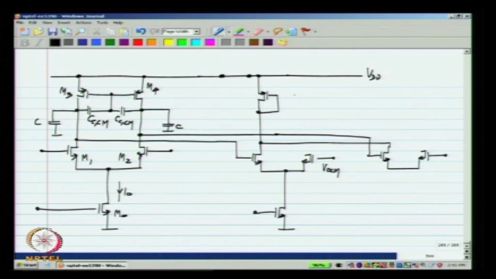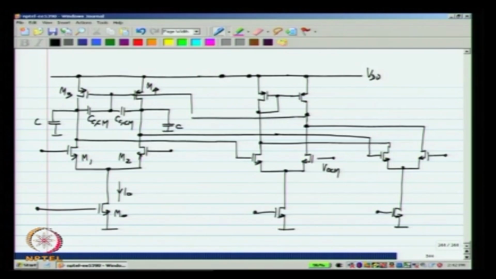Add up the two currents together and mirror it to the other side. I also add up these two currents. Okay. And this is the output of the single ended op amp, which is used for common mode feedback. Okay. So, we complete the feedback loop in this way. The rest of the circuit remains the same.